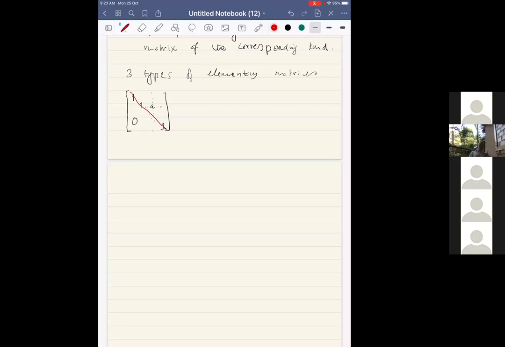So here is a, and everywhere else 0. So these are both elementary matrices of the first kind.